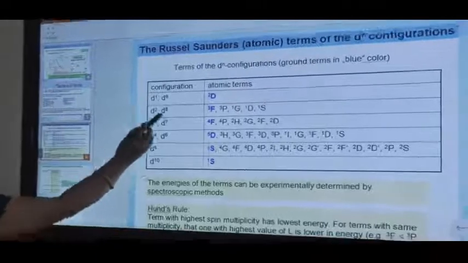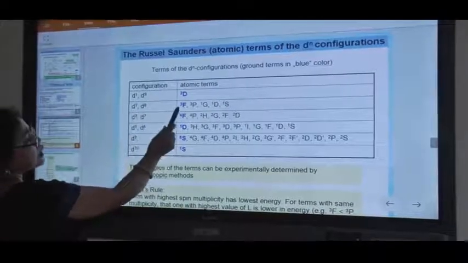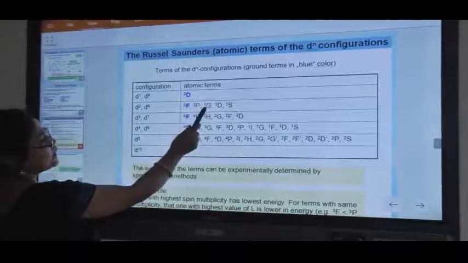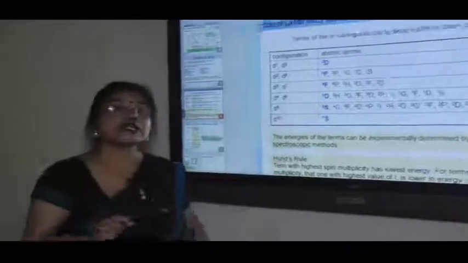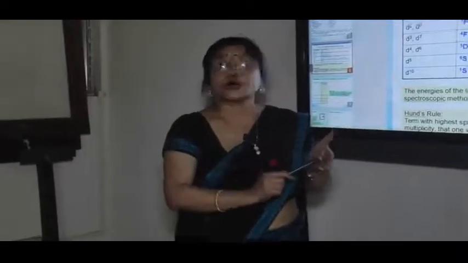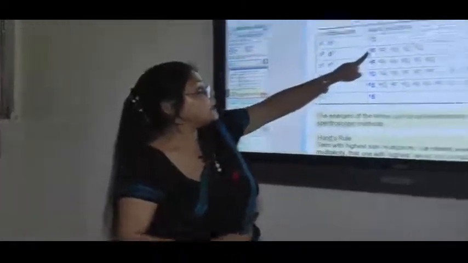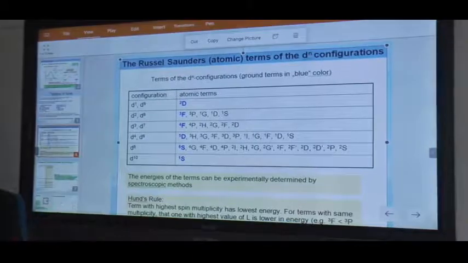So, if we notice, here you see this. For d2, there are terms like 3F, 3P, 1G, 1D, 1S. The term which has the highest spin multiplicity will be of lowest energy. But here there are two terms with the same spin multiplicity 3.